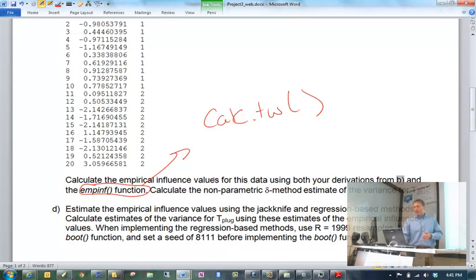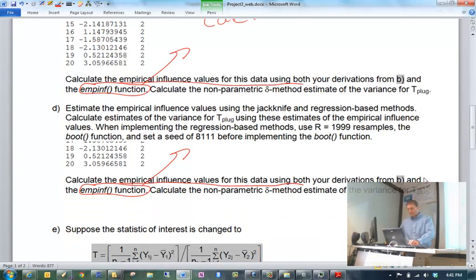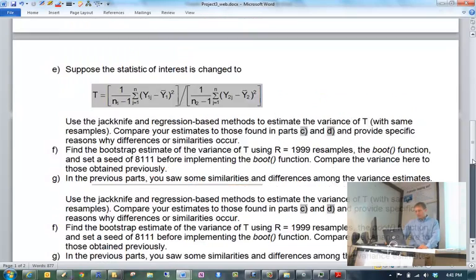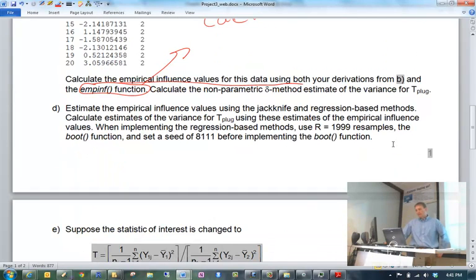But remember, too, that as long as you did your derivation correctly in part B, you will know what the correct answer is for part C. So you know what you're shooting for. I think that's often very helpful when you're doing homework problems or projects. Okay, so that's part C.